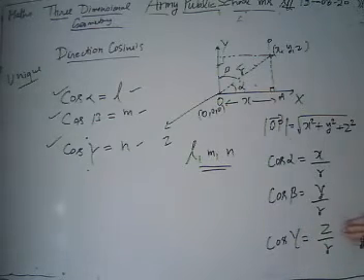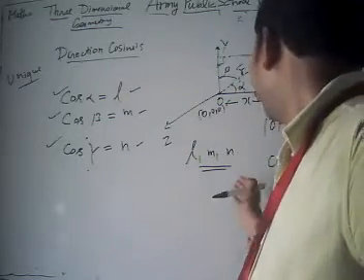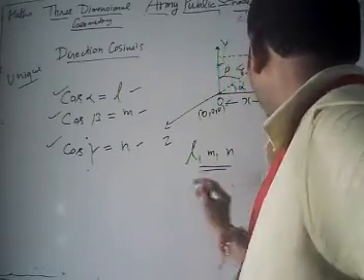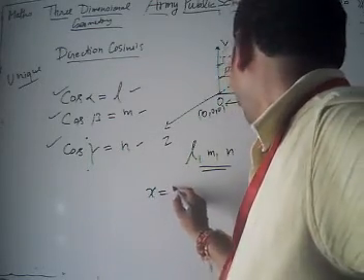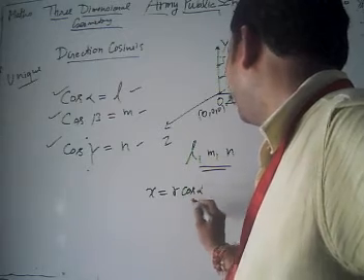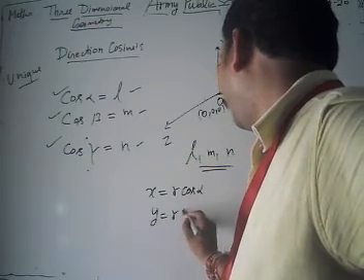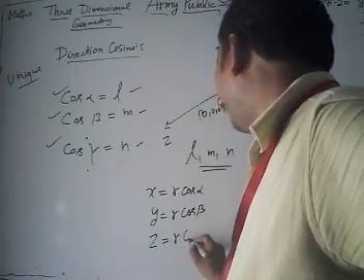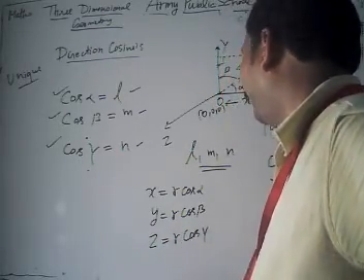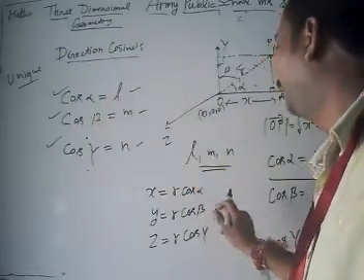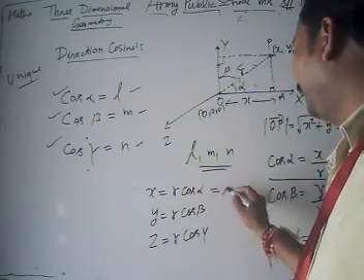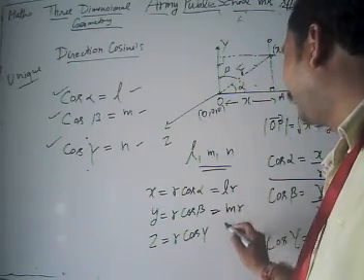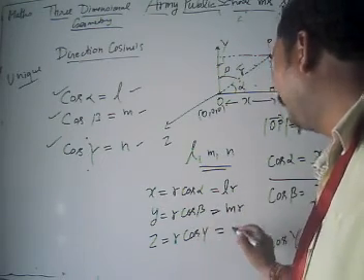It's our cos alpha, cos beta, and cos gamma. And x, y, z is given by what? The value of x is r cos alpha, y is r cos beta, and z is r cos gamma. Now look, cos alpha can be written as l, cos beta as m, and cos gamma as n.